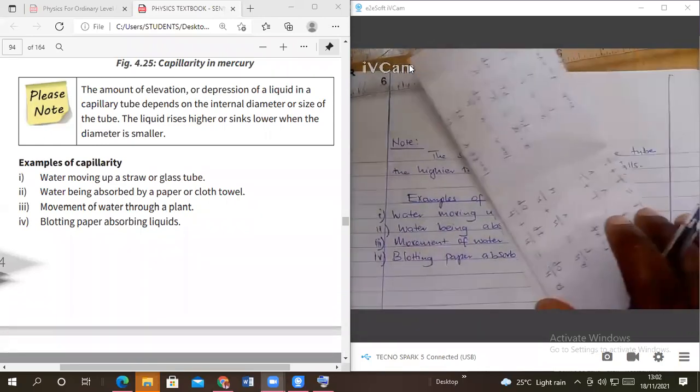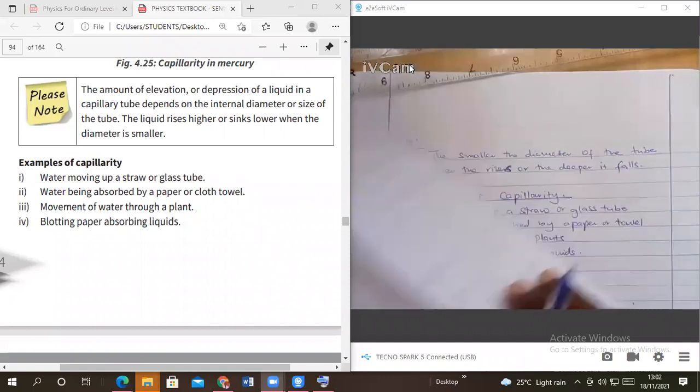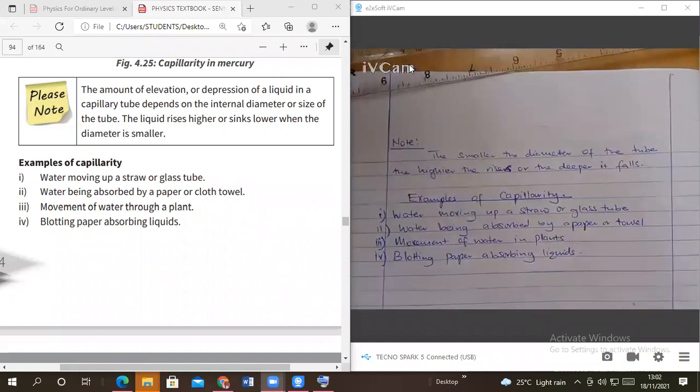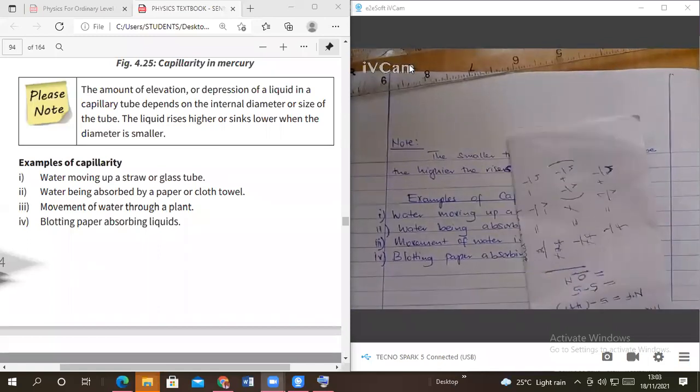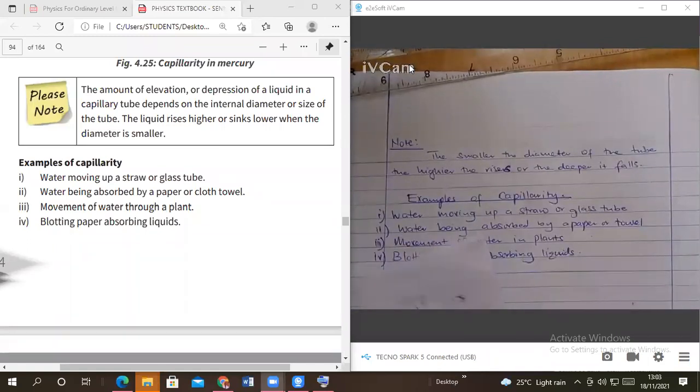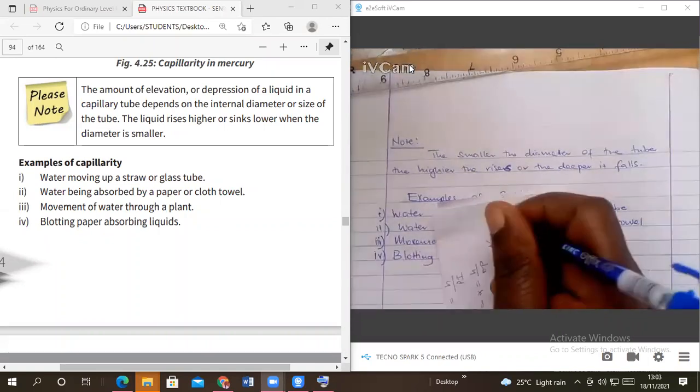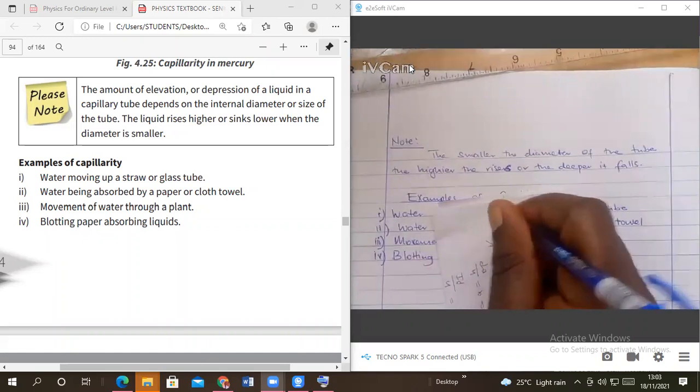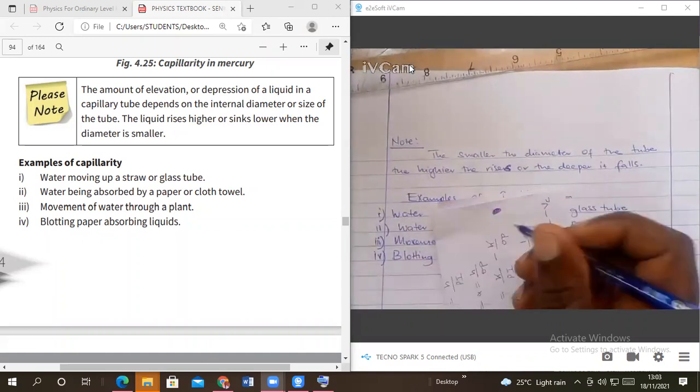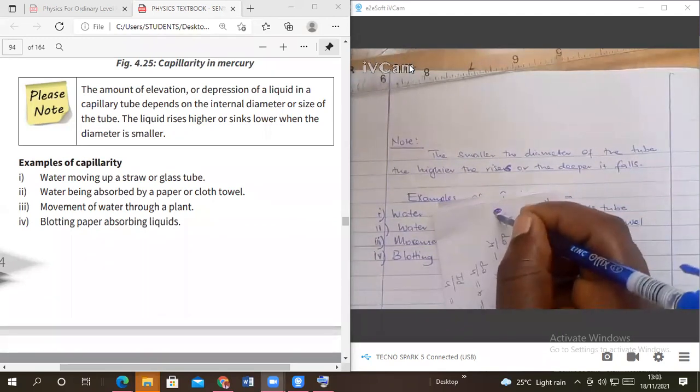Even if you go for testing, let's say for malaria, or HIV, or pregnancy, those instruments have papers in them, such that when they put your blood and pour a liquid there, that liquid keeps on moving.